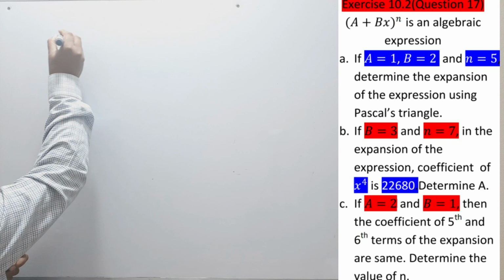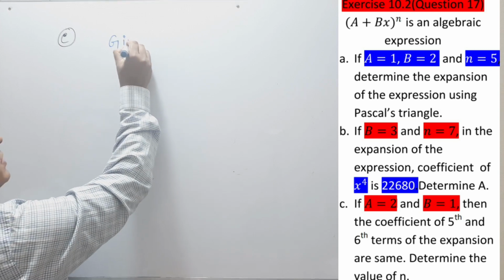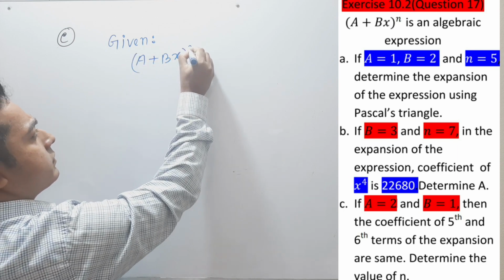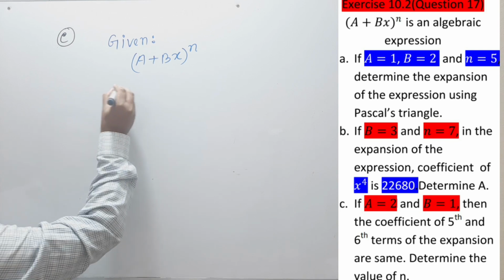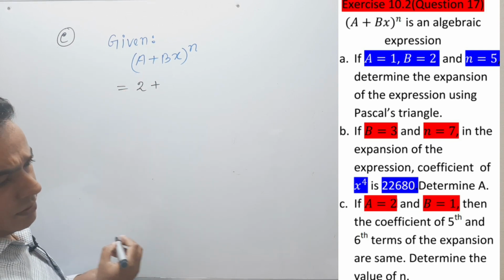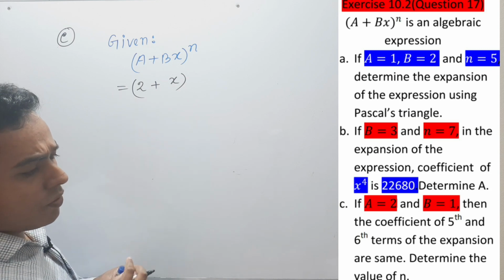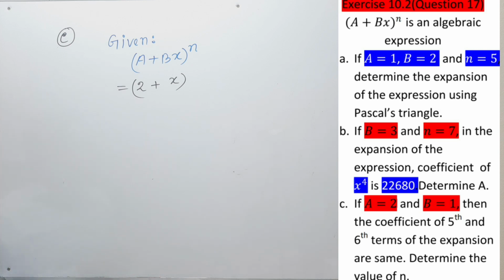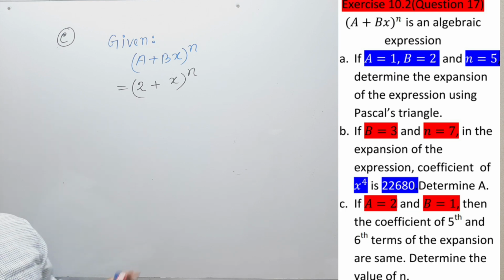Now question C. Here if a is equal to 2, at first our given algebraic expression is a plus bx to the power n, and with a equal to 2 and b equal to 1, it is 2 plus x, then the coefficient of the fifth term and sixth term of the expansion are the same.